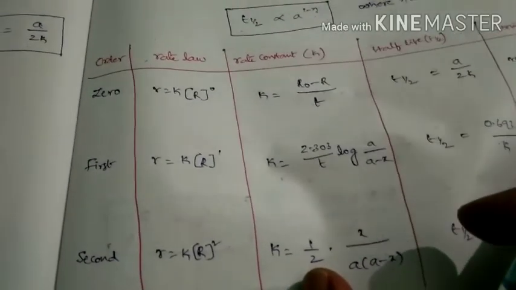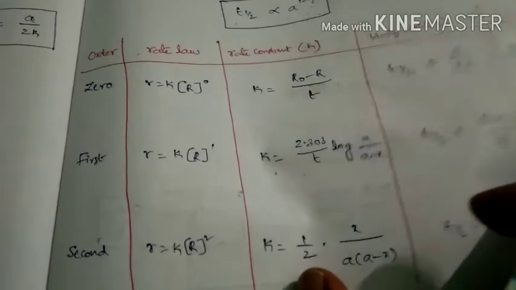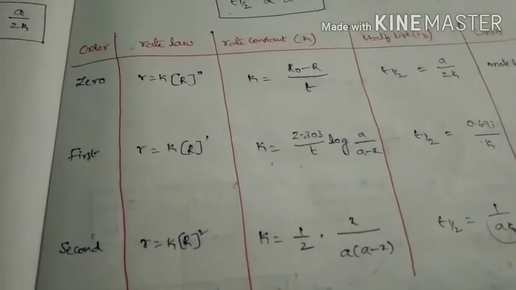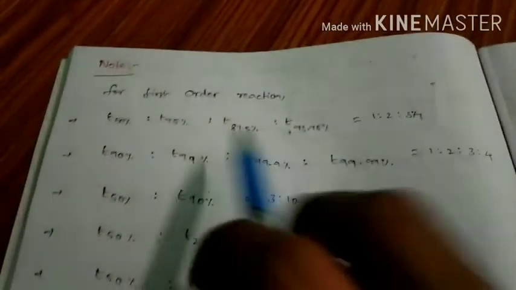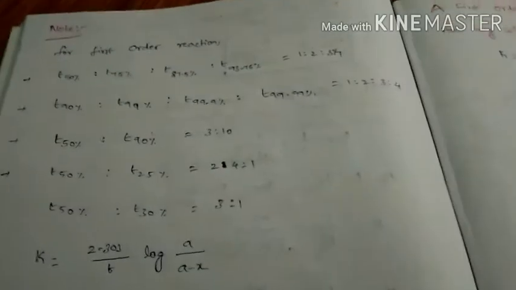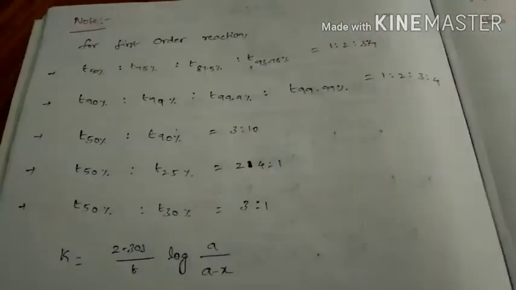Next, some problems are there regarding this one. Before that, some relations are there. We have to discuss those relations. Those are very, very important relations. These are, see, for first order reaction, very, very important points, especially at competitive level.